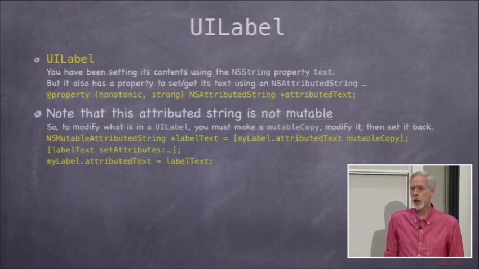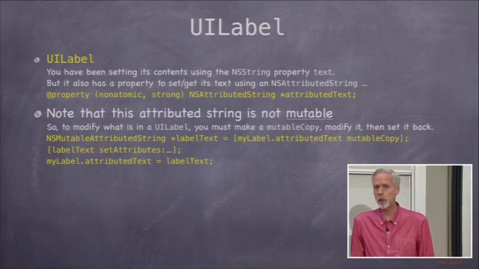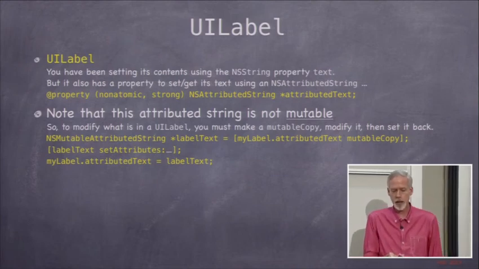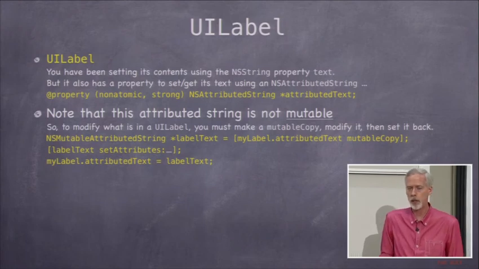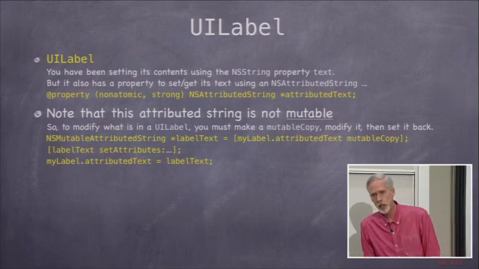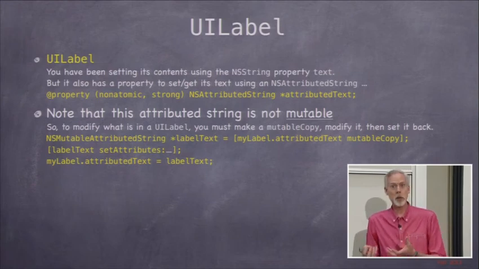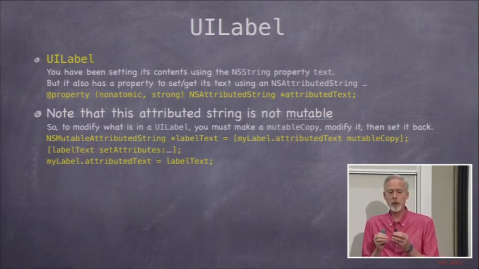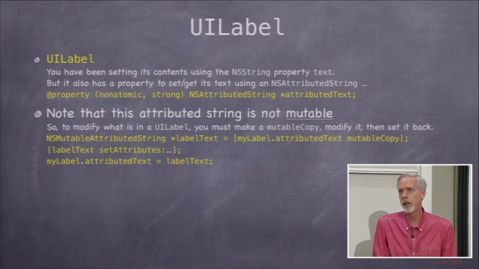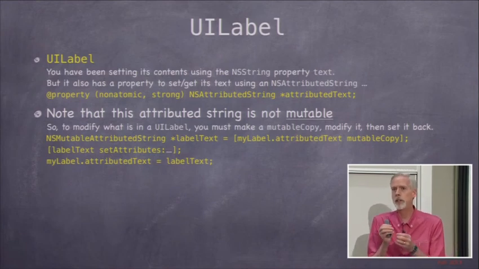Unfortunately, it's read-only. Okay, it's immutable. That property, you see it's not an NSImmutableAttributedString, it's an NSAttributedString. So if you want to change the attributed text that's on a UILabel, you have to get the label's text, make a mutable copy of it, modify it however you want, and put it back. That's if you have an existing label and you want to make it be blue instead of green or something like that.